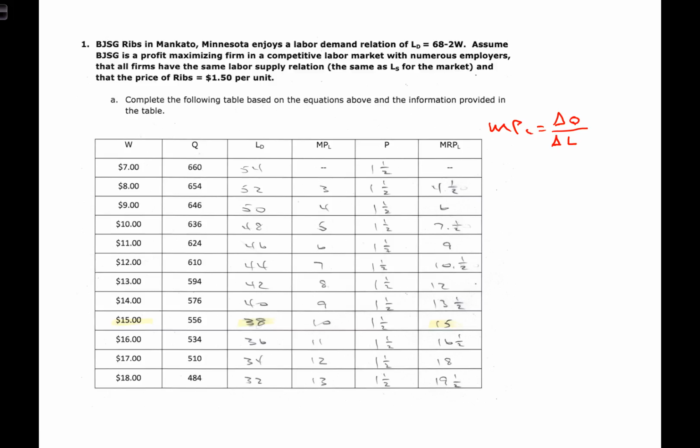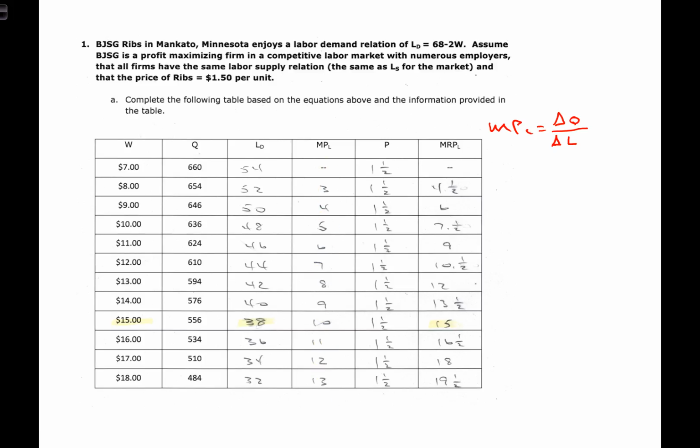The next set of rows, we have another change in this case of 8 divided by a change of 2. So we now have 4. And so we can continue that down, that same metric. In the final 2 rows, we see that there's a change of 26 divided by a change of 2. So we have 13. So this is our marginal product of labor column.